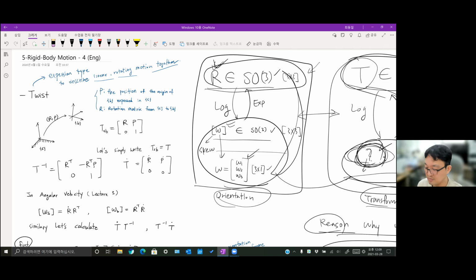Some kind of drill: if you have a drill, it goes forward when we rotate, and goes backward when we reverse rotate. That is one type of twist motion. So in twist motion, there is rotating motion and linear motion. We call this kind of concept a twist. Okay, let's learn about twist.